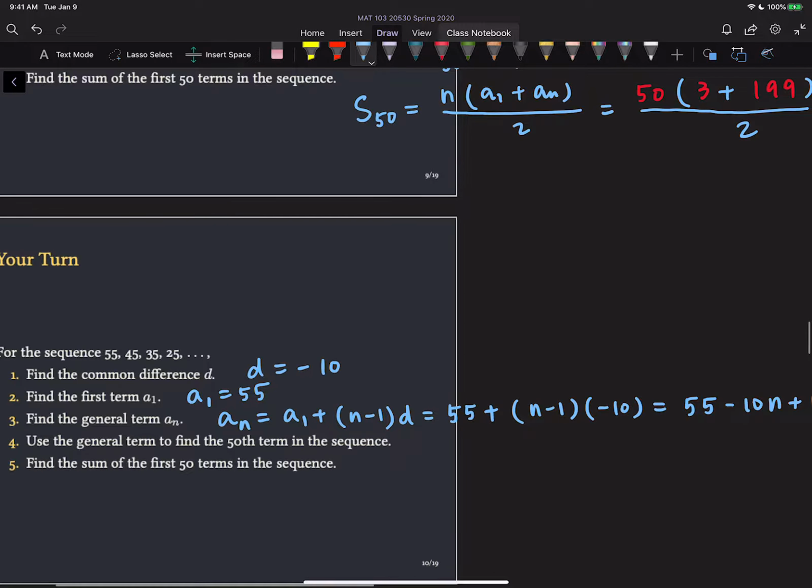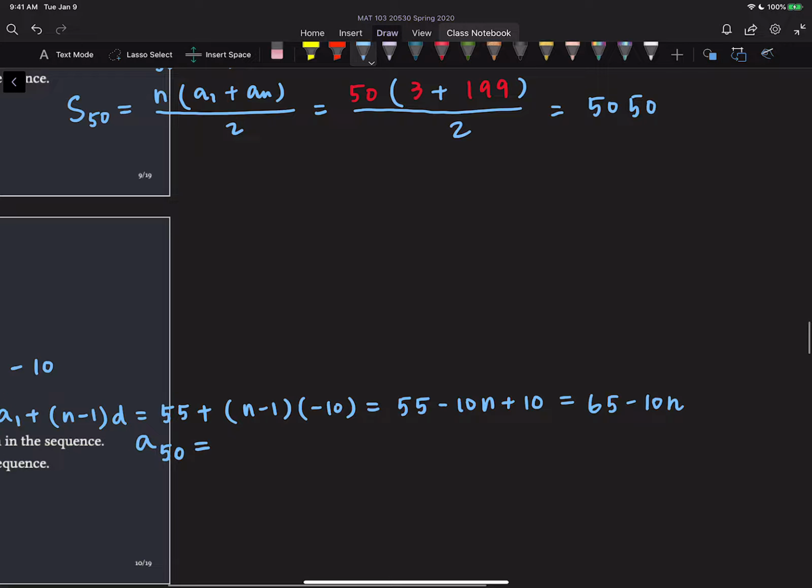Next one, use the general term to find the 50th term in the sequence. So you're calculating a sub 50. We're going to use this formula and plug it in. 65 minus 10 times, now n is 50. If you compute this, you will get a negative number, in this case negative 435. So that is the 50th term in this particular sequence.